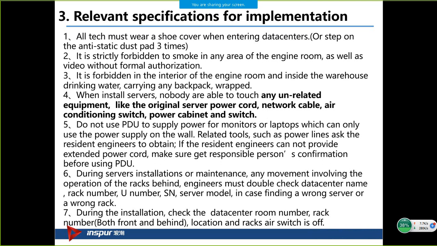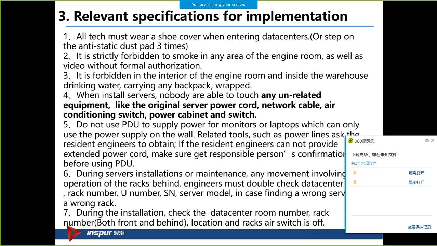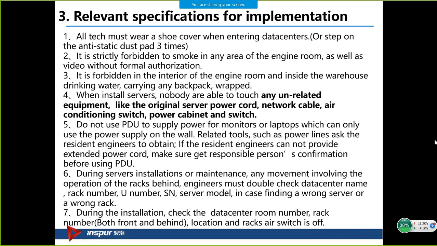And during server installation and maintenance, any removal involving the operation of the racks, the rear, the back of the rack, the engineer must double check with the on-site tech the data center name, the rack number, the unit number, the serial number, and the model.